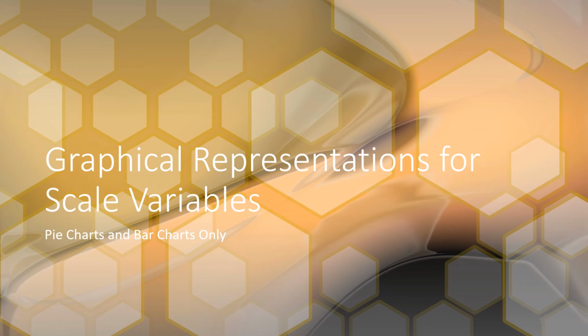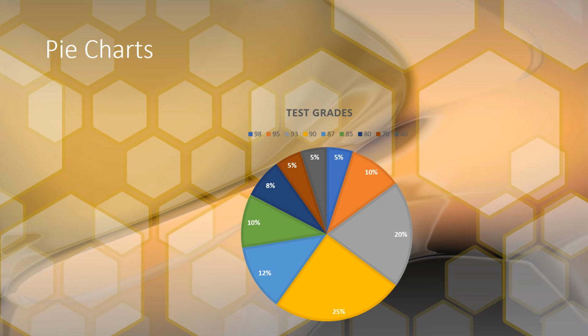So now I'm going to talk about graphical representations of scale variables, but right now I'm only going to talk about pie charts and bar charts. Later on I'll talk about histograms in another video. So here's a pie chart of the data that we just had. This is from the frequency table where we did not group, it was ungrouped.